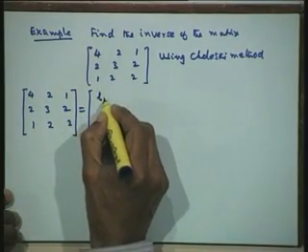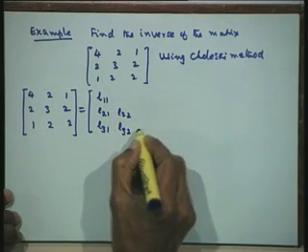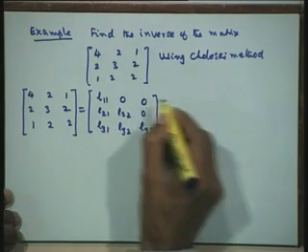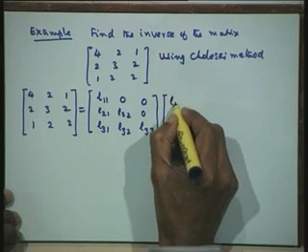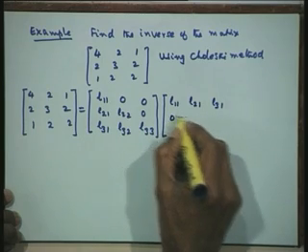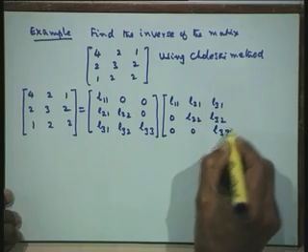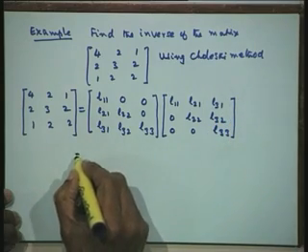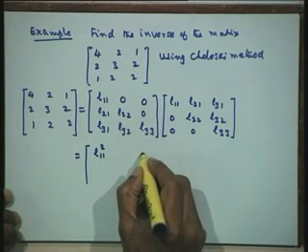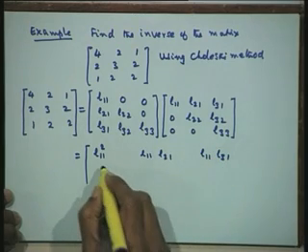The lower triangular matrix L is L 1 1, L 2 1, L 2 2, L 3 1, L 3 2, L 3 3, and L transpose is L 1 1, L 2 1, L 3 1, 0, L 2 2, L 3 2, 0, 0, L 3 3. Let us multiply it out: L 1 1 square, L 1 1 L 2 1, L 1 1 L 3 1.